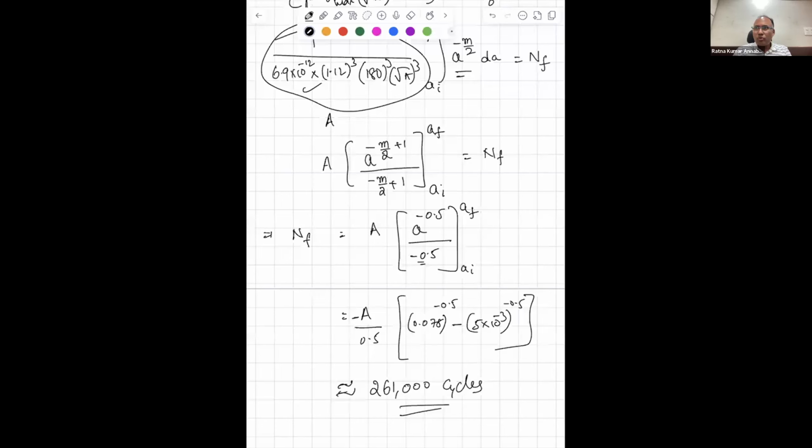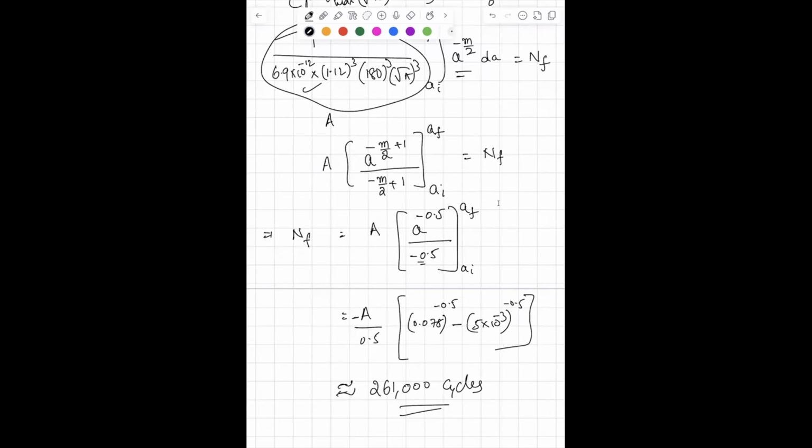A is equal to 1 by C star beta star sigma max star. Beta is how much? 1.12. Yes, sir. A is how much? 3176.5, 3176.